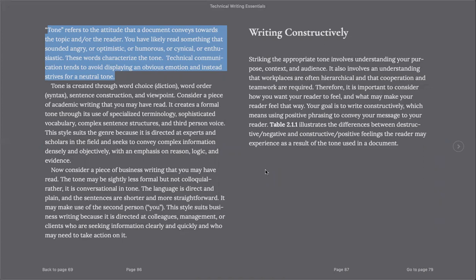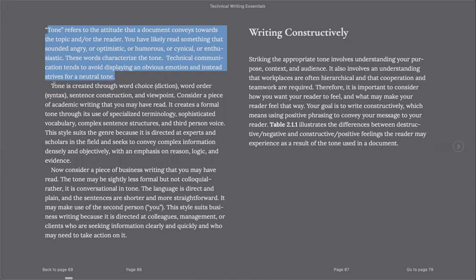I say, the department hasn't received the document yet. It is optimistic instead of negative. I avoid using an angry tone, and I avoid using a sarcastic or cynical tone and so on. I always keep it optimistic, and tone in technical writing and in professional writing is a most important step.